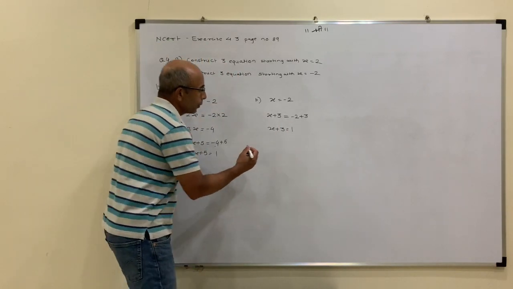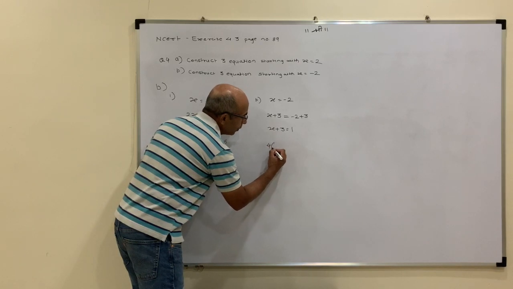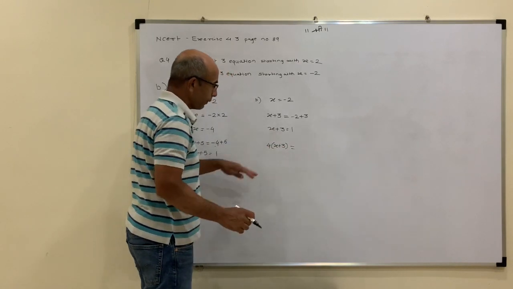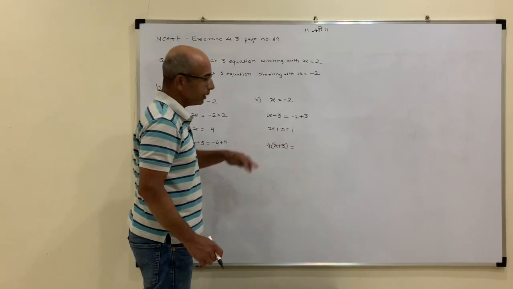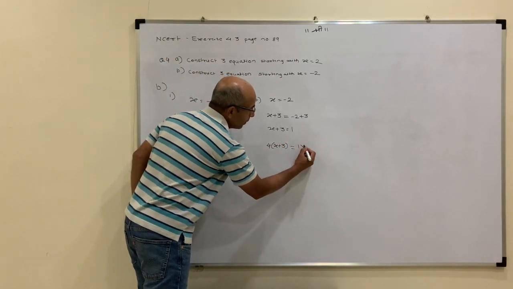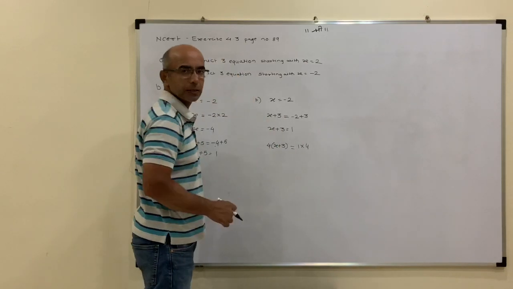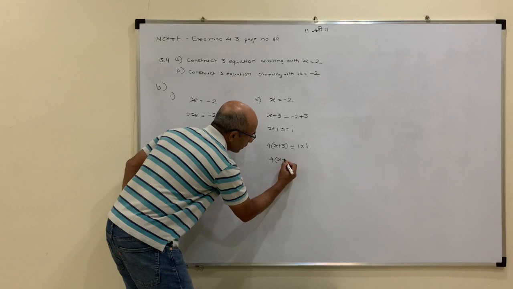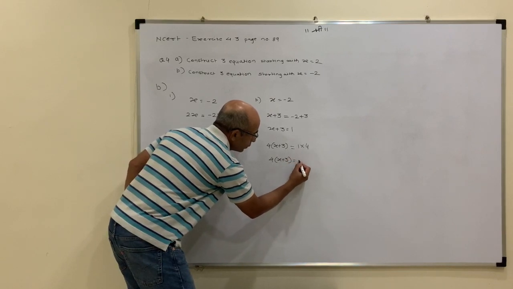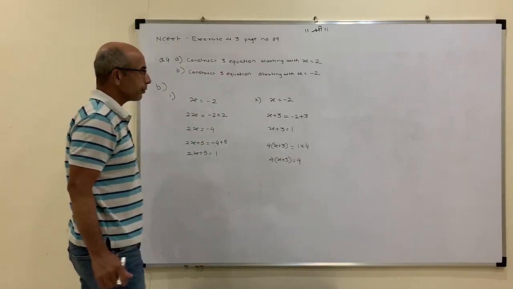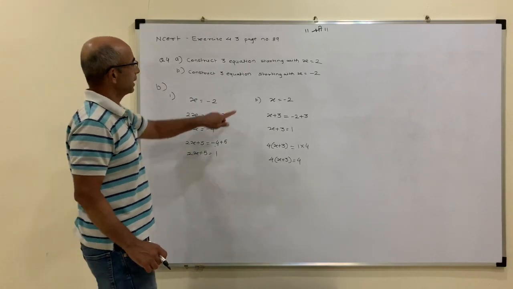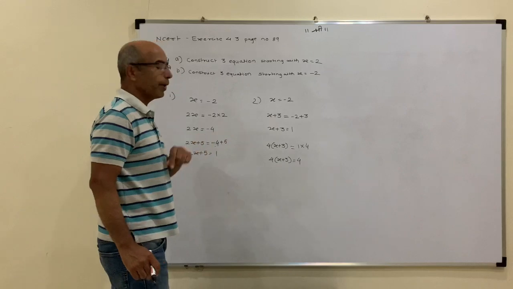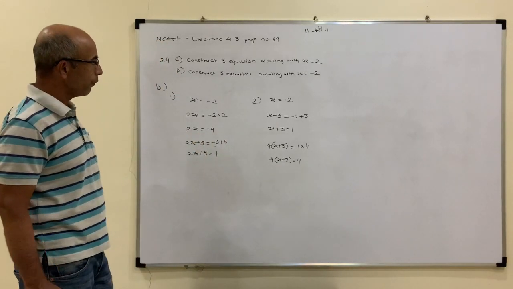And now I am going to multiply 4 to x plus 3. Since I am multiplying on the left hand side, to maintain the equality I need to multiply the same number on the right hand side. So my next step will be 4 into x plus 3 equals 4. So my second equation is 4 into x plus 3 equals 4.